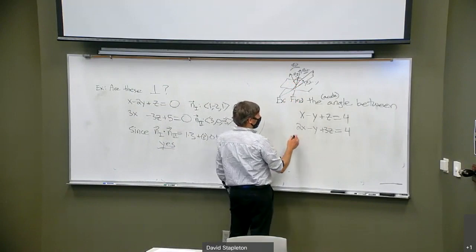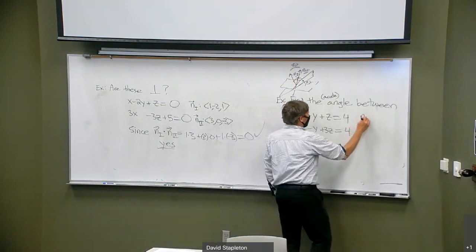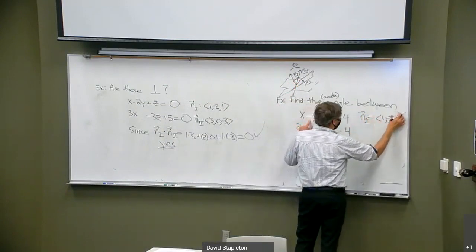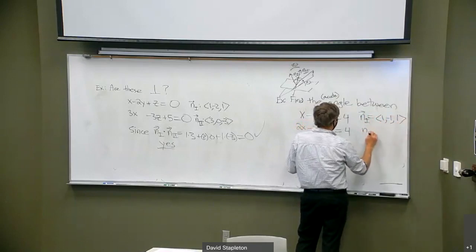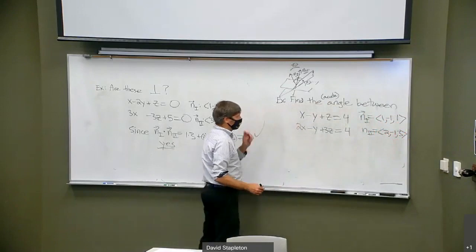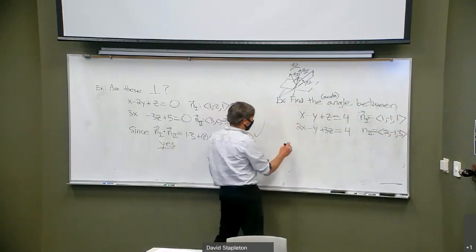So here's what we do. The normal to the first plane, you just read the coefficients: 1, minus 1, 1. The normal to the second plane: 2, minus 1, 3. How do I find the angle between two vectors? The dot product. Remember this formula?